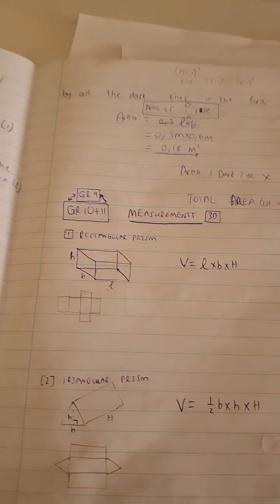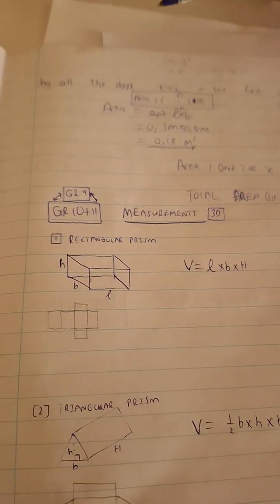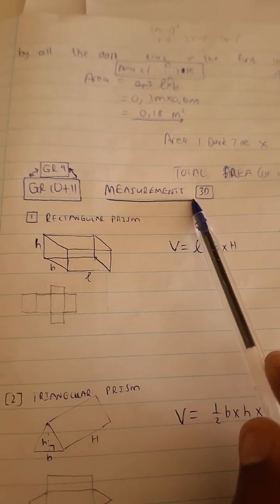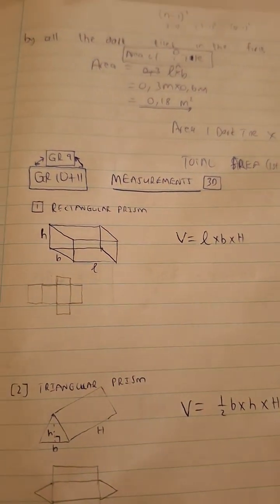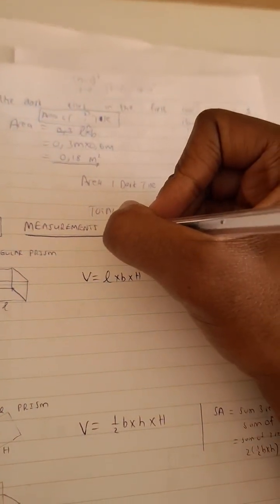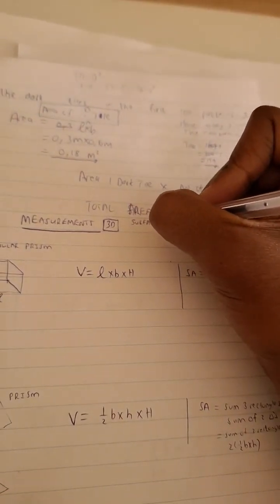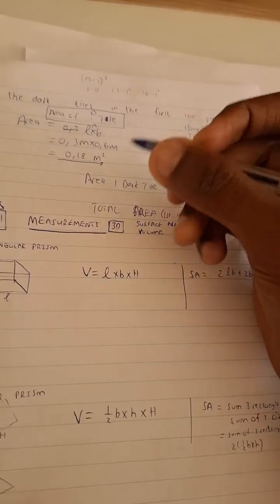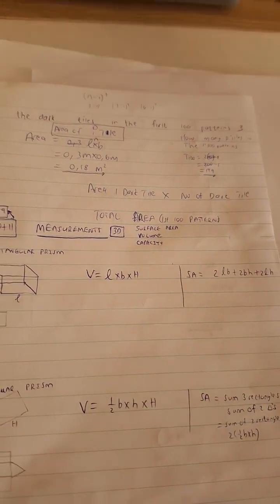Okay, so I'm going to move on slightly now, and when I move on, I want to turn my attention back here. Now, we are going to dive into measurements. When we talk about measurements, specifically in the grade 9, grade 10 and grade 11 context, we start looking at the concept of surface area and volume, and maybe following those, the concept of capacity.